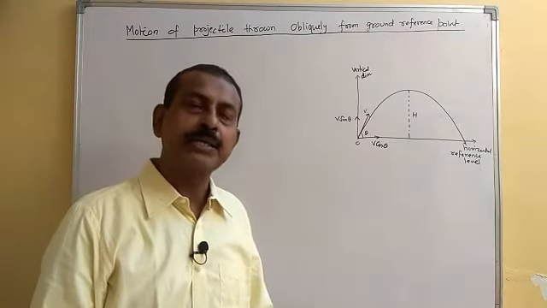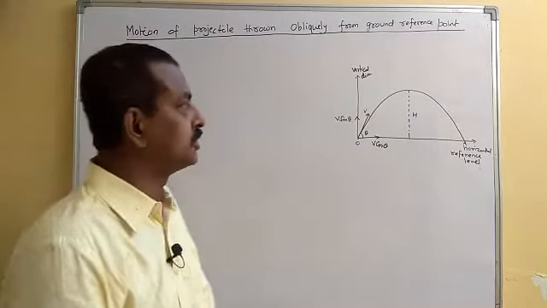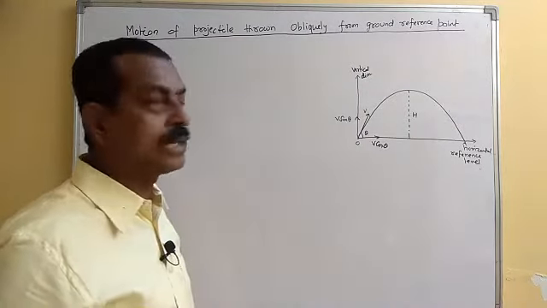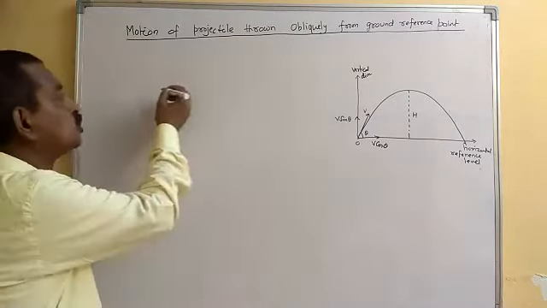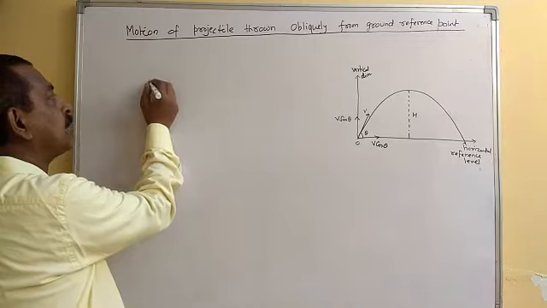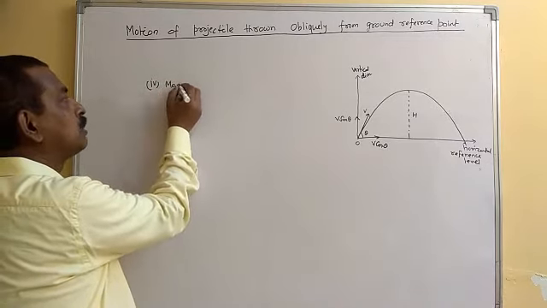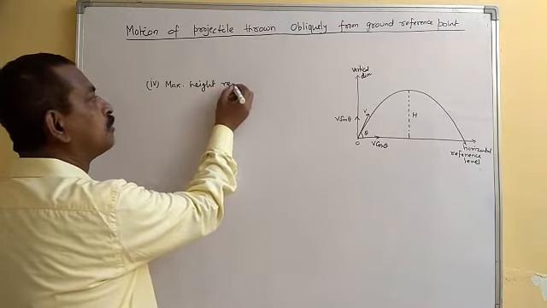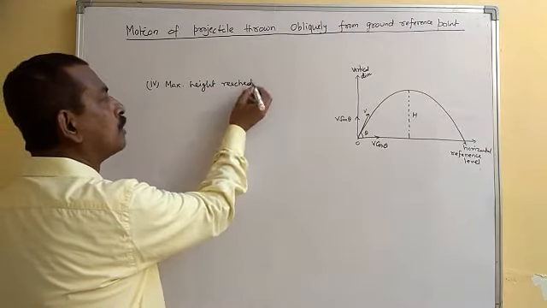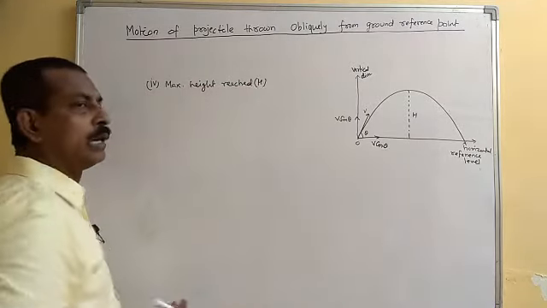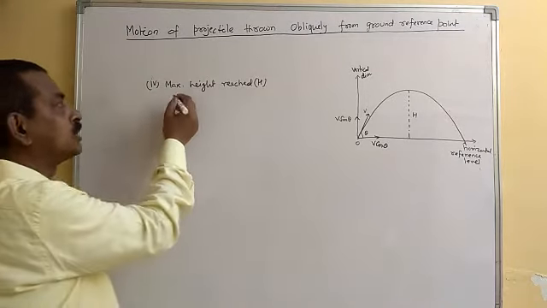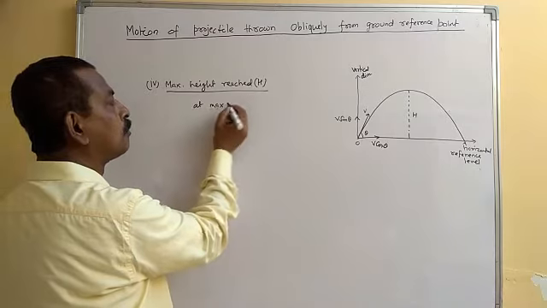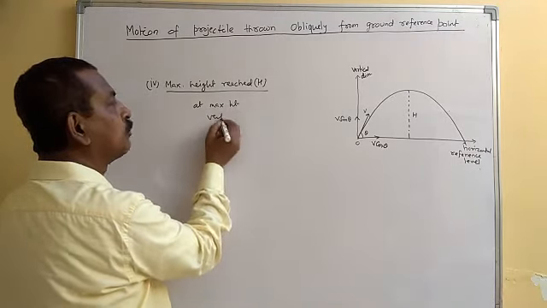Let's now take the expression for maximum height reached. This is the maximum height reached that we represent by capital H. Now for finding this, at maximum height, vertical velocity is 0.